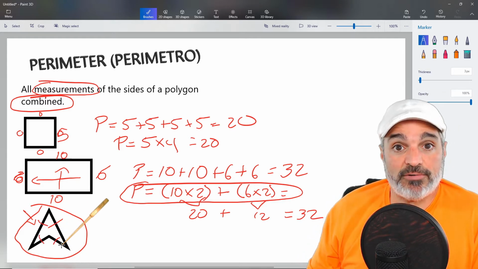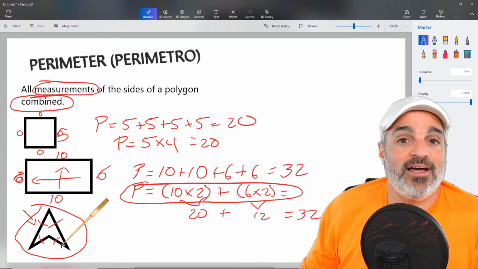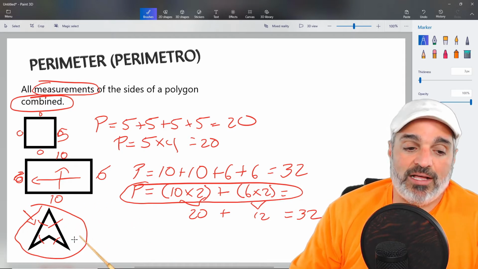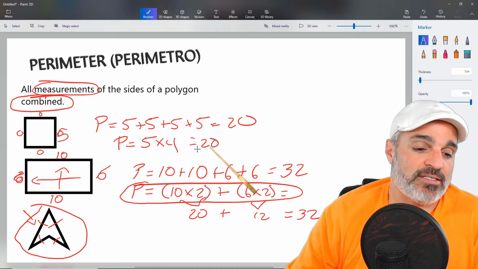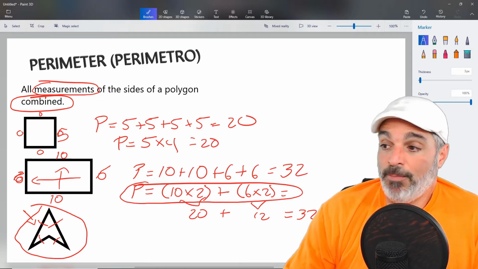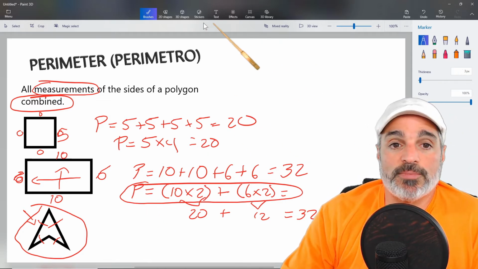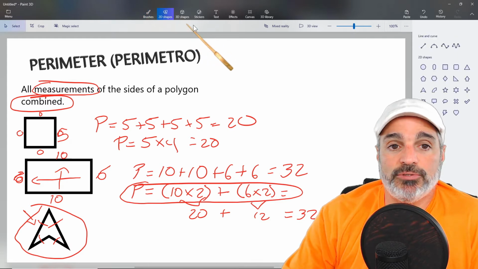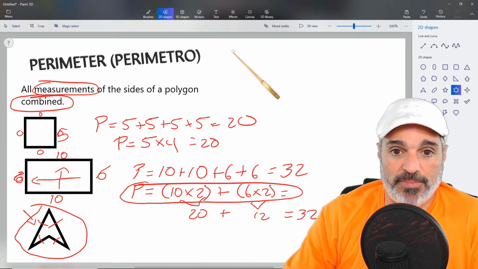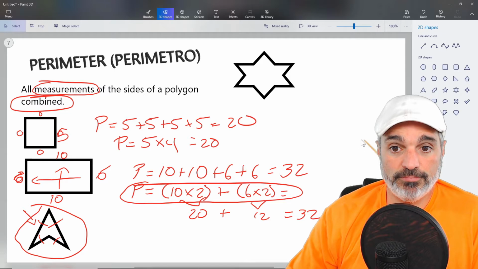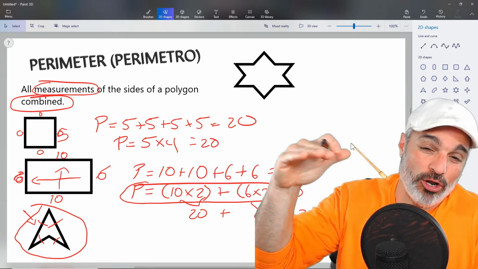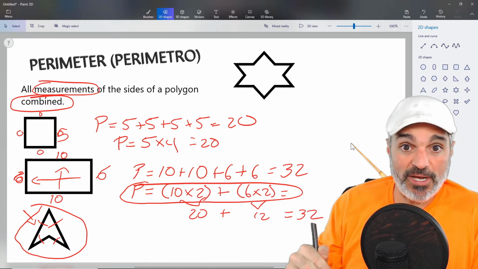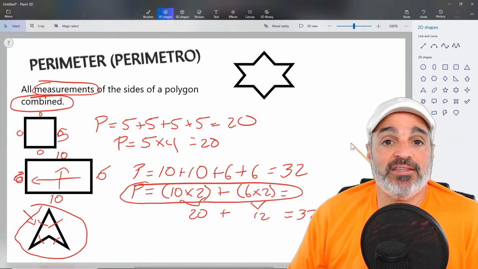It is a quadrilateral, hence it is a polygon. So if you want to calculate the perimeter of this polygon, all you need to have is all of the sides. Good. Now, polygons can come in all shapes and forms. For example, I can ask you to calculate the perimeter of something like this. Again, what would you have to do? You would have to have all of the sides, all of the measurements, to be able to calculate the perimeter.